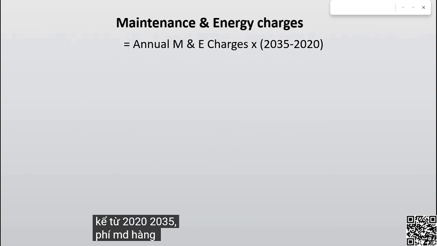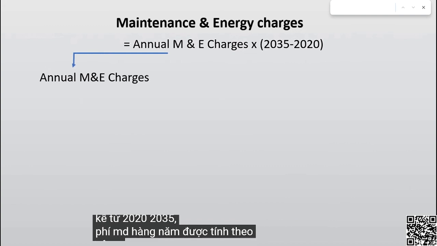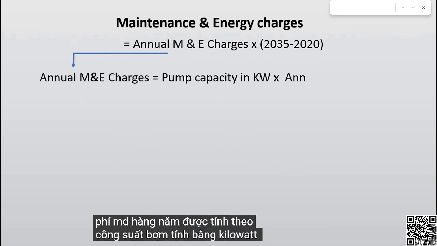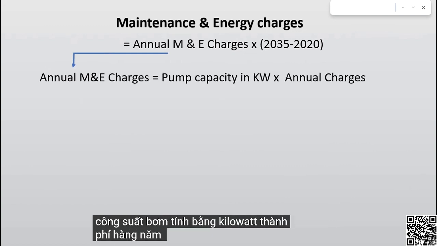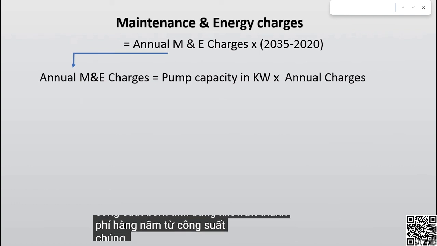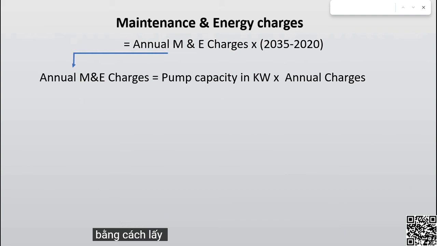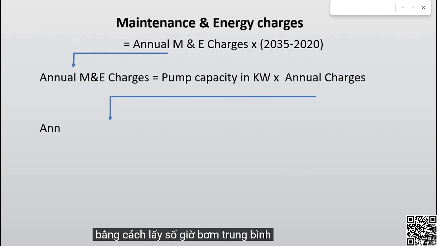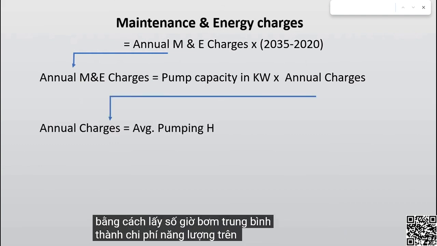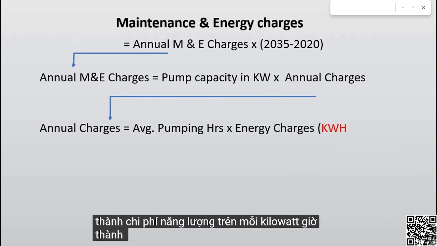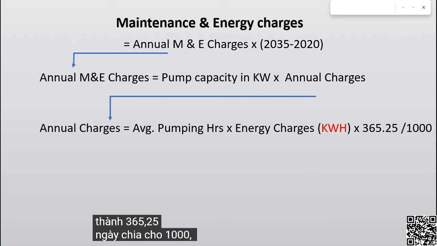The annual M&E charges are given by pump capacity in kilowatt into annual charges. Pump capacity we have already calculated. These annual charges are calculated by average pumping hours into energy charges per kilowatt hour into 365.25 days divided by 1000.